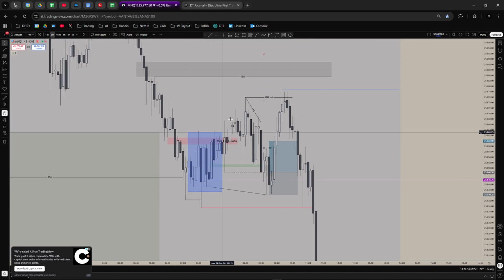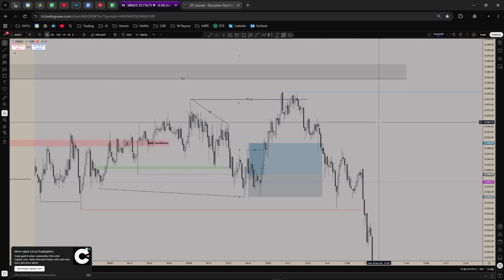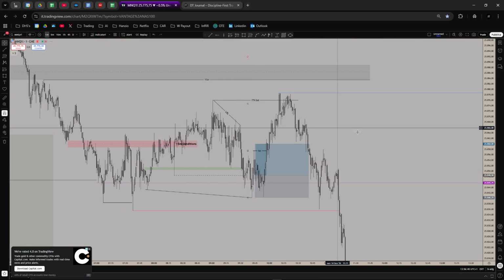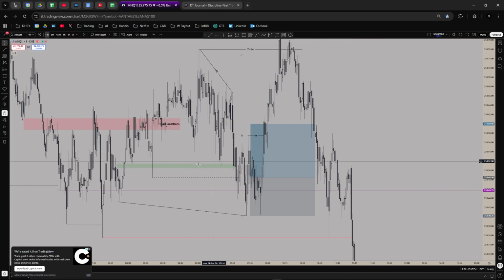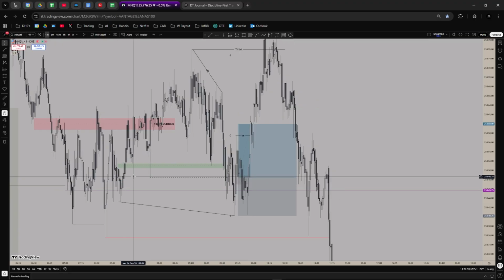Price went higher, creating low resistance liquidity in the way down here. In the 1 minute, we can see it better. We created this low resistance liquidity. We swept this internal high, low, inside the 5 minute gap, the green box, right?